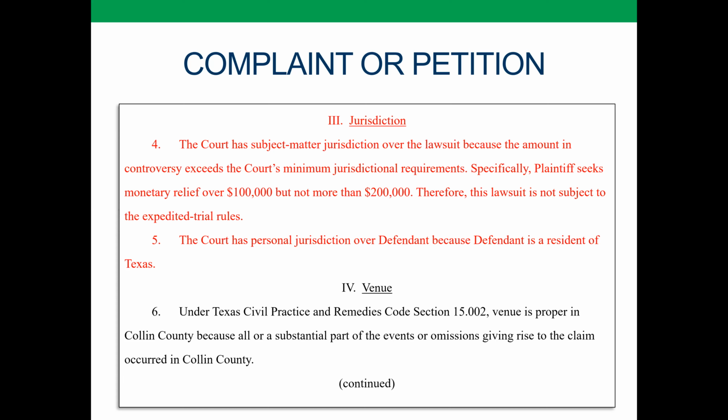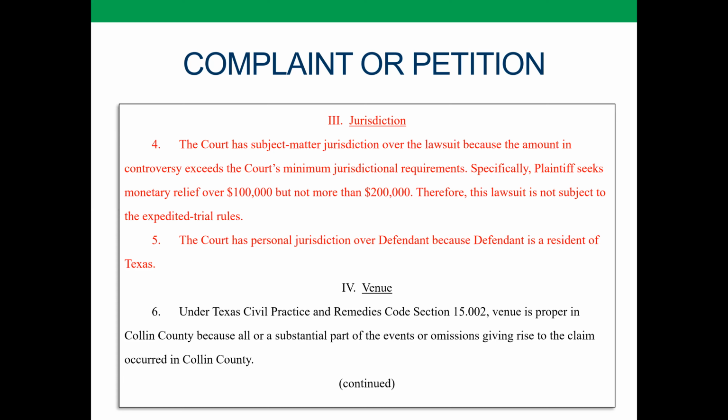Now, the next sentence is another quirk in Texas pleading practice. It's required under the rules of civil procedure in Texas about a range of money that the plaintiff is seeking. And so, again, you'll learn more about that in your civil litigation course.